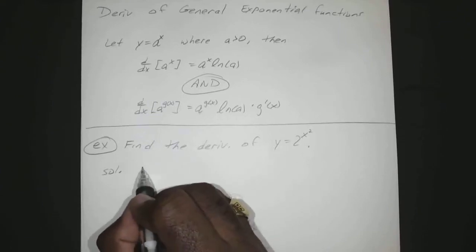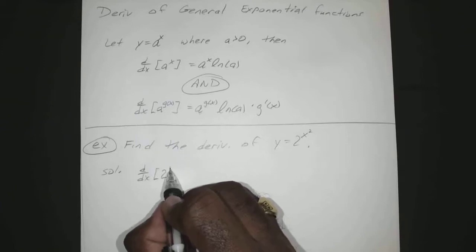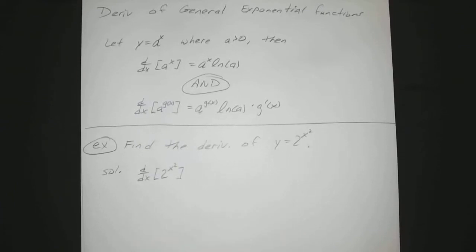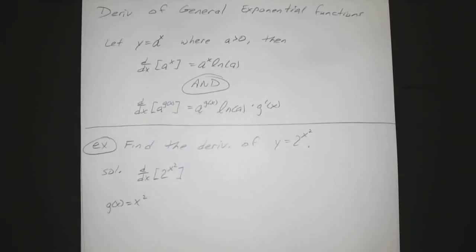Okay, so we know the derivative of 2 to the x squared. We know that g of x equals x squared. So our g prime of x equals 2x. Oh, and your a is equal to 2.